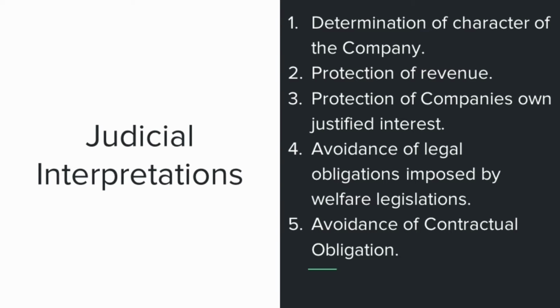Sometimes it becomes necessary for the courts to determine the character of the company, that is, to see whether it has assumed an enemy character or not, and whether the company is owned and controlled by the enemies of the country. In such cases, the court may lift the corporate veil and examine the character of the persons who are in real control of the company's affairs.